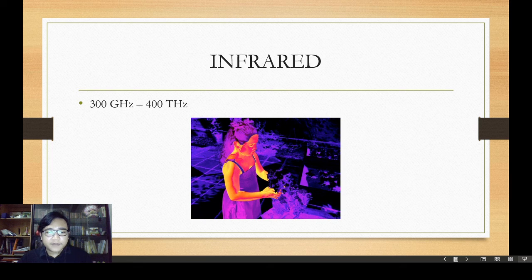The infrared frequency ranges from 300 gigahertz to 400 terahertz. Infrared light is invisible to the human eye. Although longer infrared waves can be sensed as heat, it is also used in astronomy to detect stars, in remote control units, guidance of weapon systems, and optical devices.